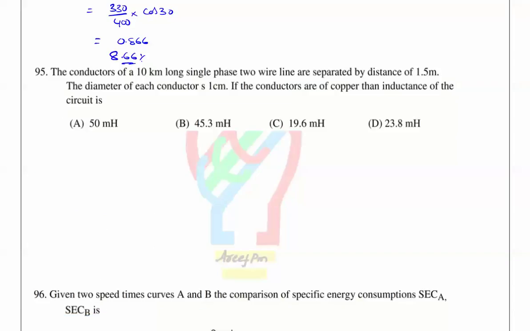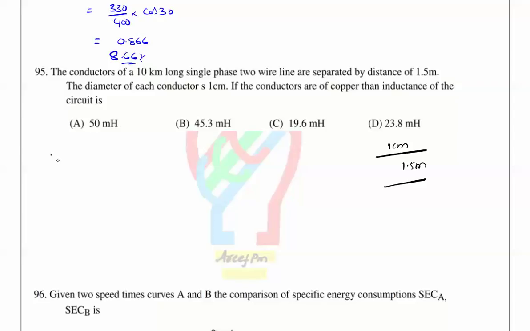The next question here is: the conductors of a 10 km long single phase two wire line are separated by a distance of 1.5 meters. The diameter of each conductor is 1 centimeter. If the conductors are of copper, then the inductance of the circuit is.